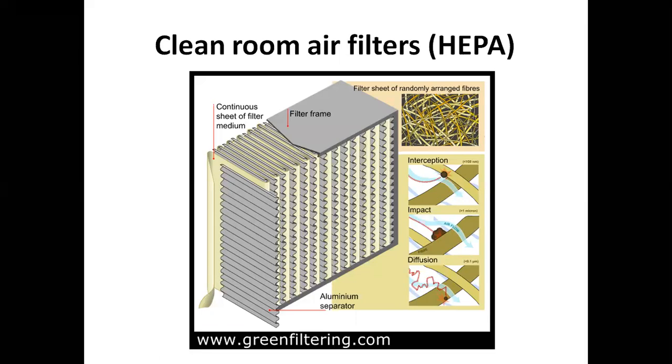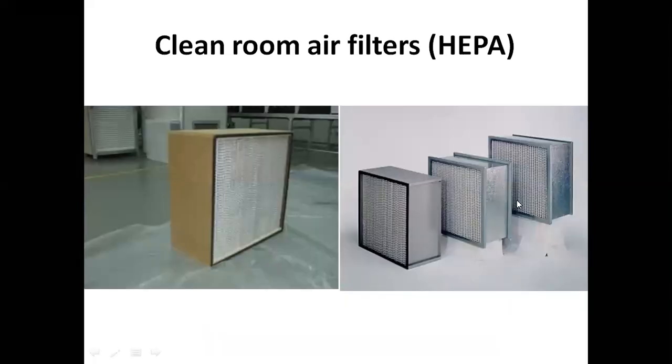And some particles would be very, very small and would diffuse inside the glass fiber and be retained. So these are the different ways in which retention is done with the HEPA filter. And dust particles are removed from the air which is coming in.